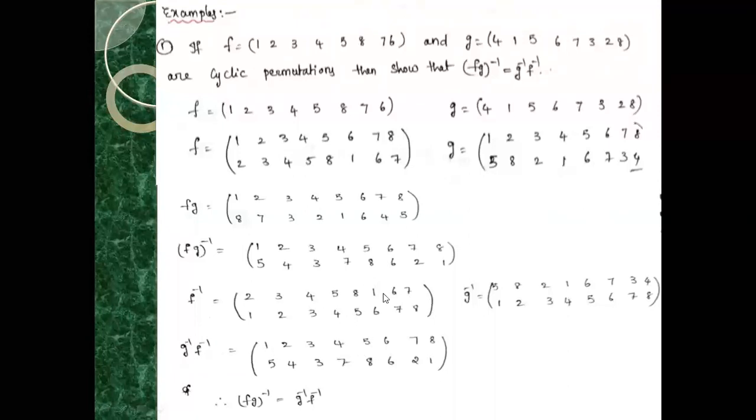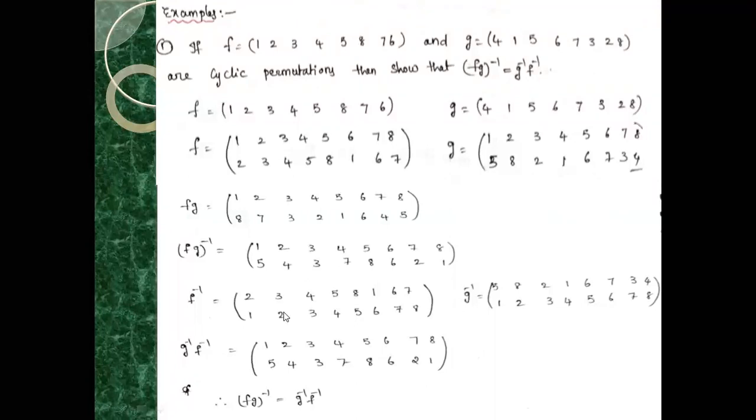So we compare 1 in F inverse and 6 in G inverse. So 1 to 6, 6 to 5. 2 to 1, 1 to 4. 3 to 2, 2 to 3. 4 to 3, 3 to 7. 5 to 4, 4 to 8. 6 to 7, 7 to 6. 7 to 8, 8 to 2.